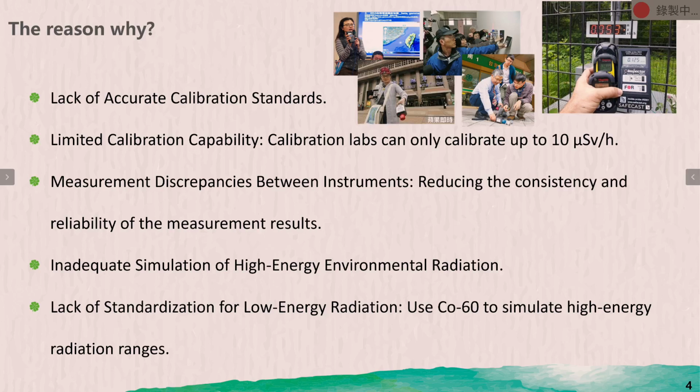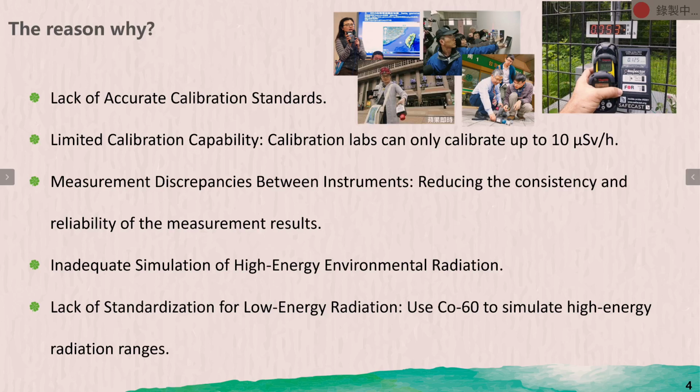In our lab, we lack accurate calibration standards. We work at the NRSL, and we have limited calibration capability because we can only calibrate down to about 10 microsieverts per hour, while our background radiation is about 50.